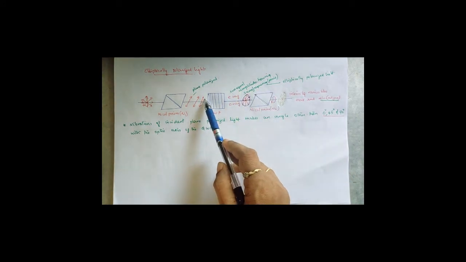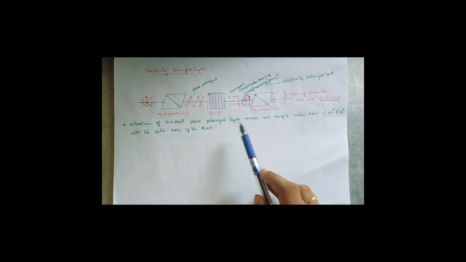What happens if we make the angle 45 degrees? Definitely we will get equal amplitudes. For obtaining unequal amplitudes, make sure the angle theta is other than 0 degrees, 45 degrees and 90 degrees with the optic axis of the quarter wave plate.